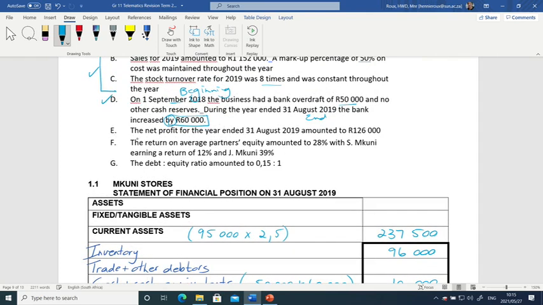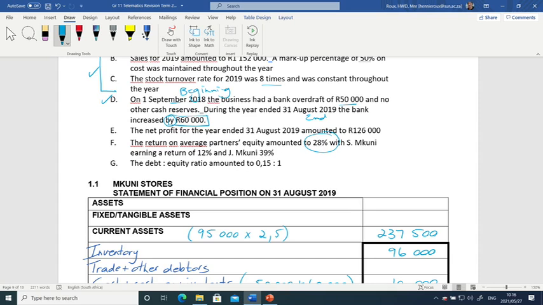Number E, the net profit for the year, at the end of the year, 126,000. Now we know we don't show the net profit on the statement, so I must read the next one as well. The return on average partners' equity, this was for the business. The return was 28%, and then they give us the 2 partners' earnings.